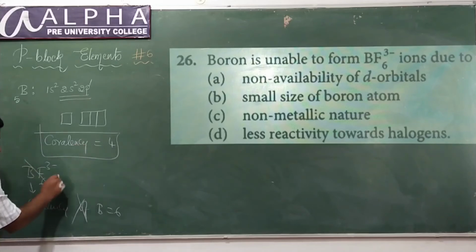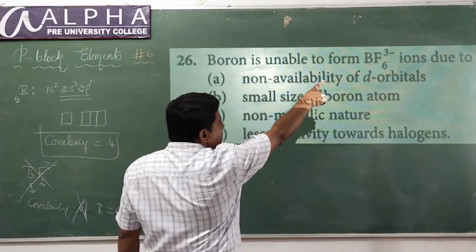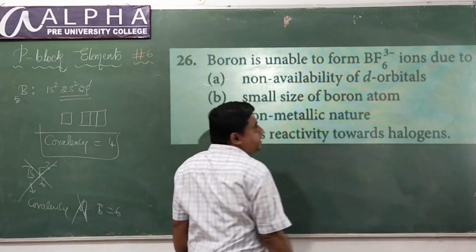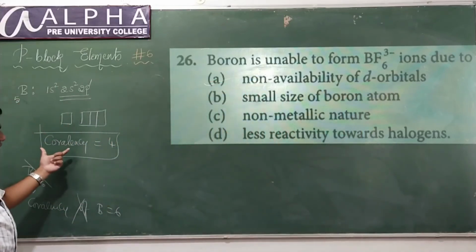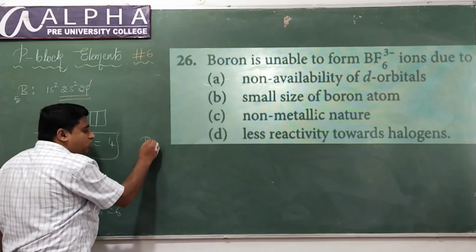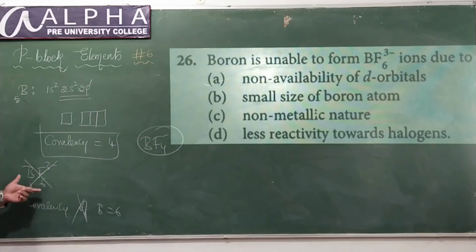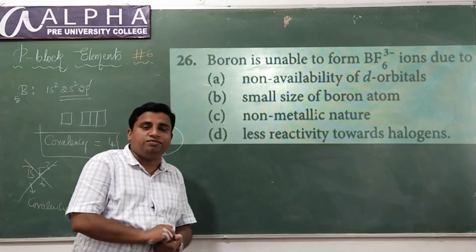Hence it cannot form BF6 3 minus. So boron is unable to form BF6 3 minus ions due to the non-availability of d orbitals. Since there are no d orbitals in boron, the covalency of boron is restricted to 4. Hence it can only form BF4 minus. It cannot form BF6 3 minus. So what is the correct answer? It is non-availability of d orbitals.